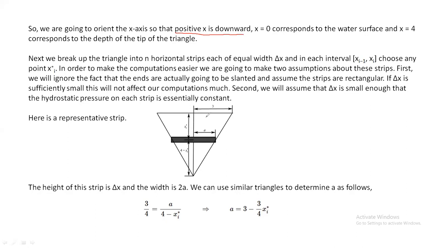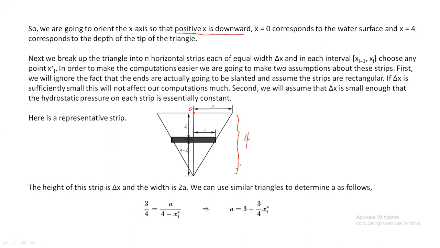So this is where your water surface is, this is your x equals 0. And x equals 4 corresponds to the depth of the tip of the triangle. So the tip of your triangle is this one, and this entire thing, the labeling is very small, is 4, from the surface of the water up to the tip of the submerged triangular plate.